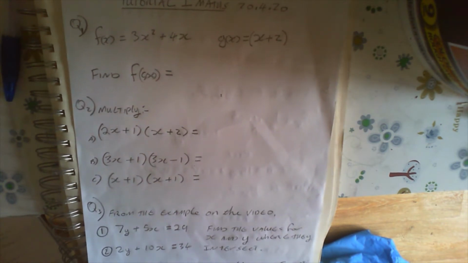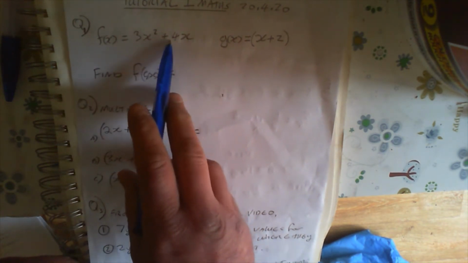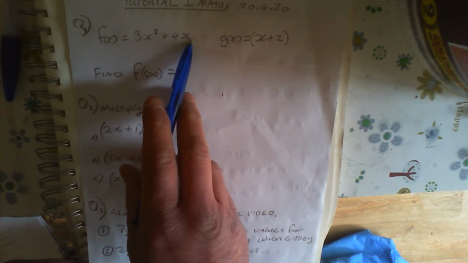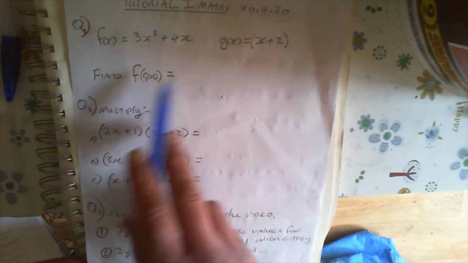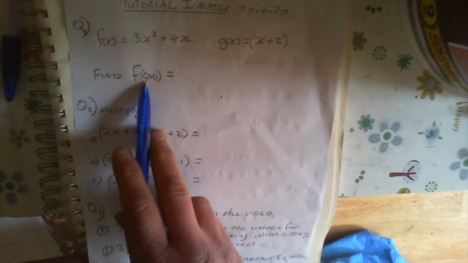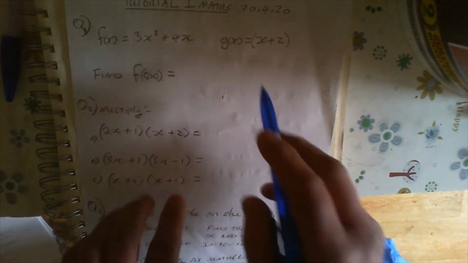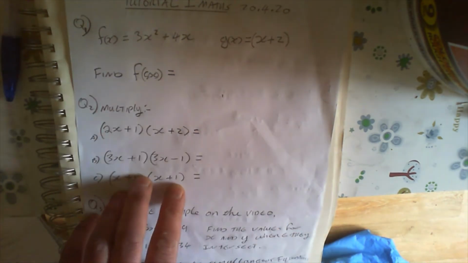Okie dokie. I'm going to quickly go through this tutorial. Right, f of x is 3x squared plus 4x, and g of x is x plus 2. We want to find f of g of x. So we need to substitute this into here.